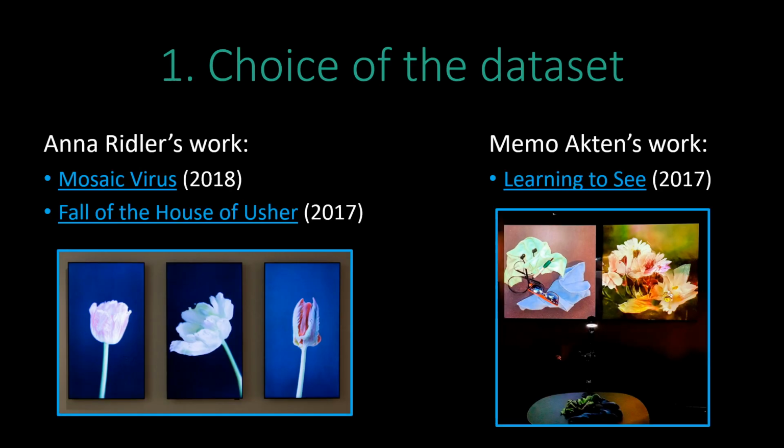For the first type of interaction, 2 artists are quite well known to work with this, and some works that I would like to mention are the works by Anna Ridler and Memo Akten. Anna Ridler was working with datasets which, for example, she herself drew.